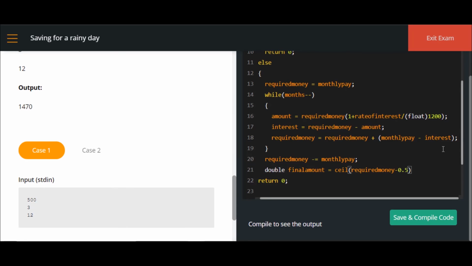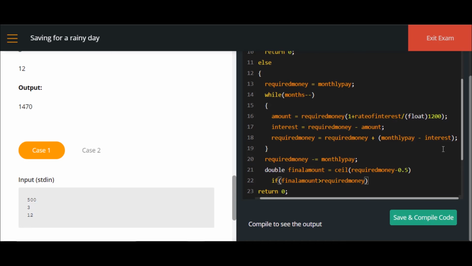If I round it off using ceil function, then it would be 1471, isn't it? Now what I'll do is I'll just compare it with the required money. So my required money is 1470.63, isn't it?